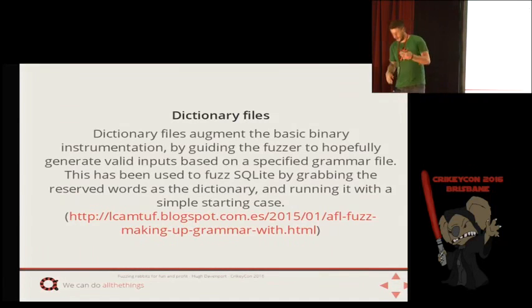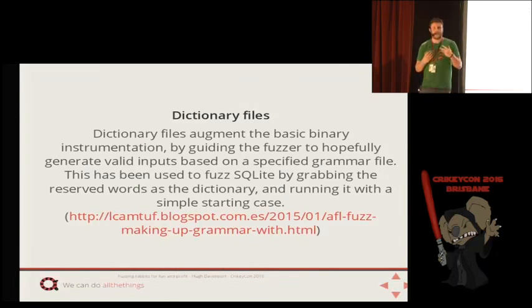So the dictionary feature of AFL, it allows you to, so programs don't always have binary level syntax. They're not just all random binary data. You might have certain keywords or certain binary strings that might come up from time to time.